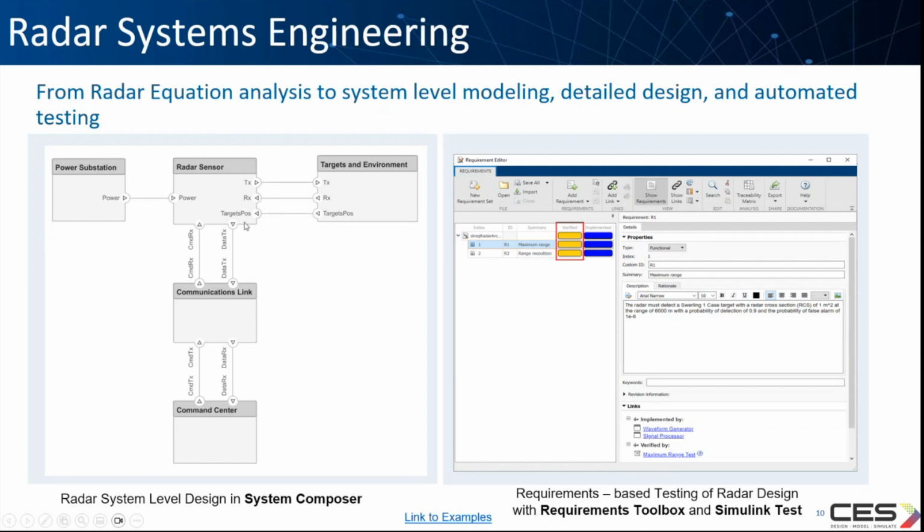Later on, you can design the behavior of the radar sensor. I'm talking here about the different components that I showed in the very first slide. The last step is to perform radar requirements-based testing using Simulink Test. What you see here is the Requirements Editor showing that these requirements are linked to specific components, and they haven't been verified yet, but they are implemented.